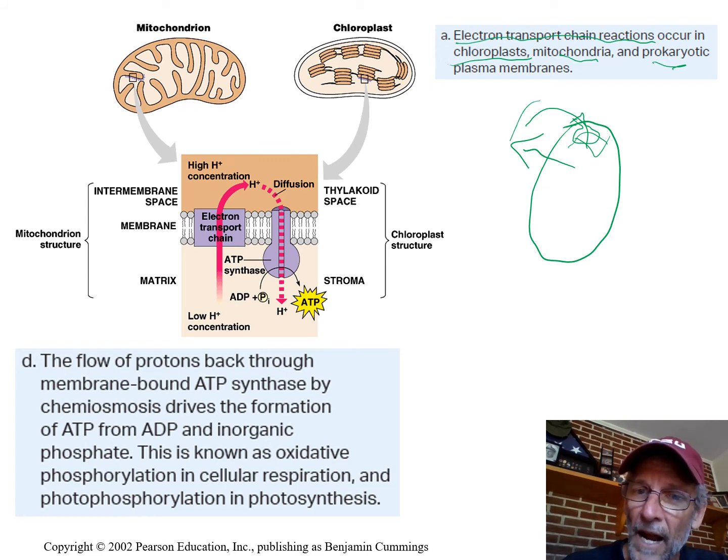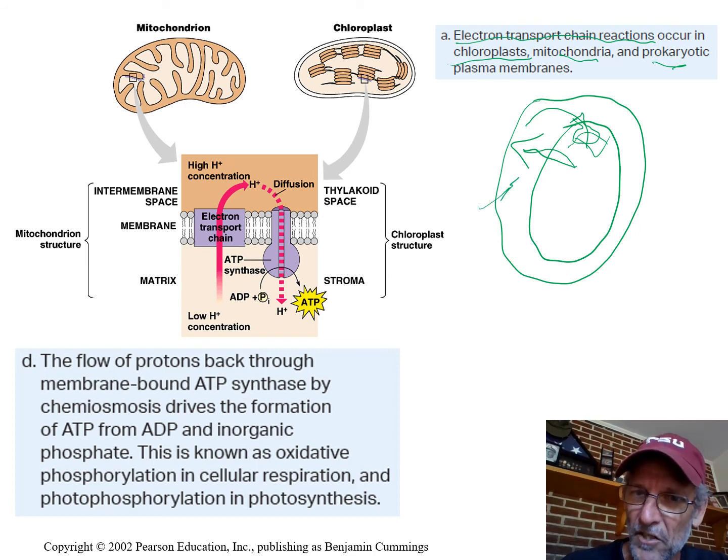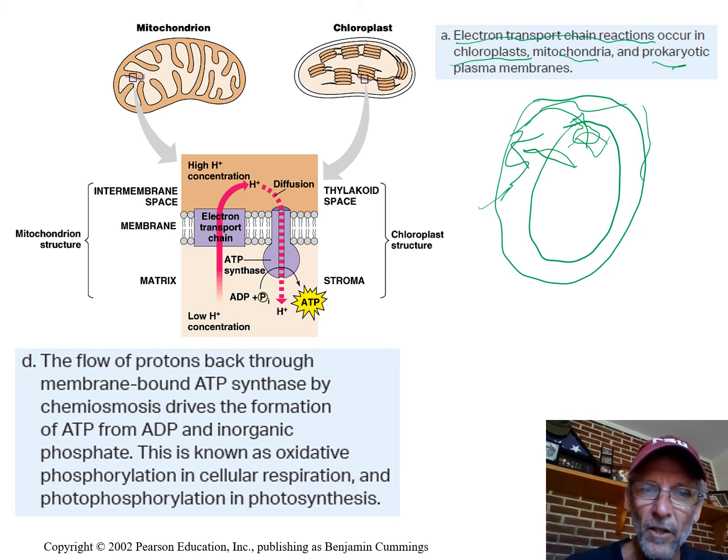You just don't have compartments, like these two things do, where the protons are pumped from one compartment to another. Your other compartment is the great outside world. All right. But they want you to know that this stuff occurs in all kinds of different cells.